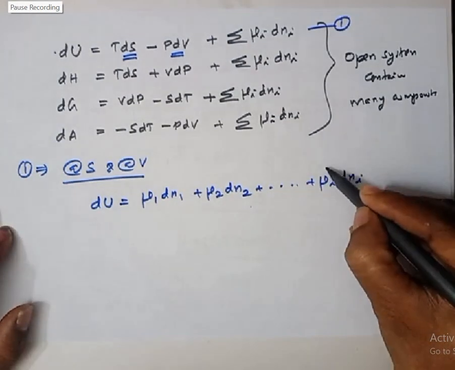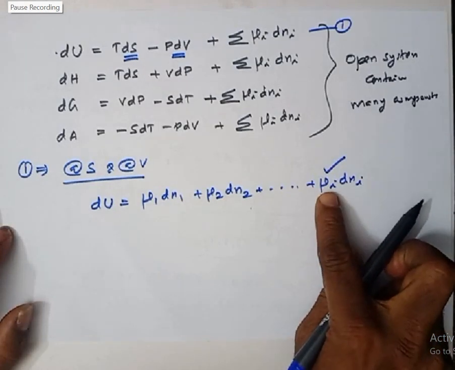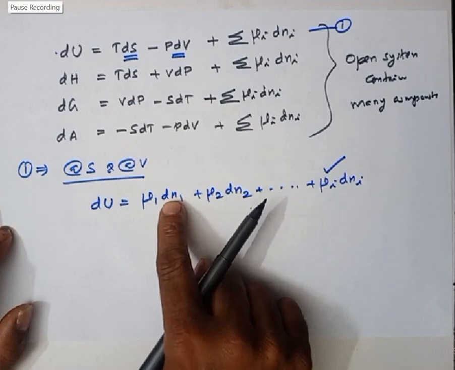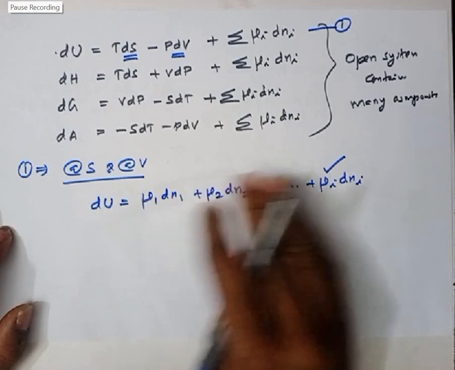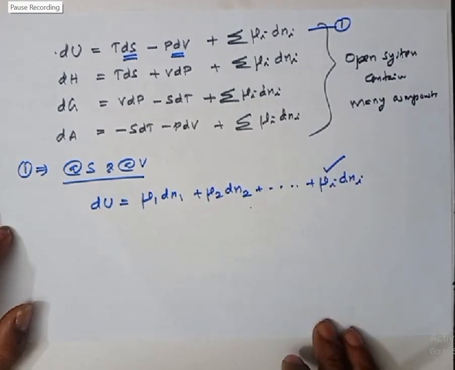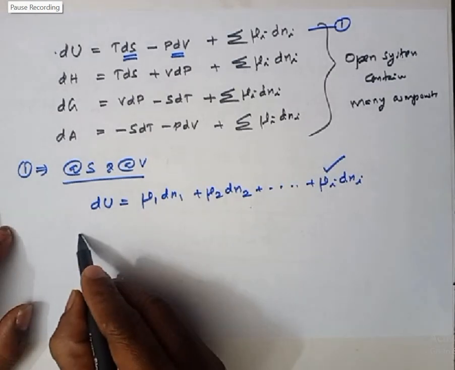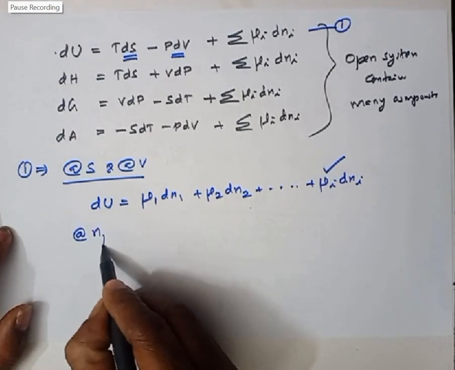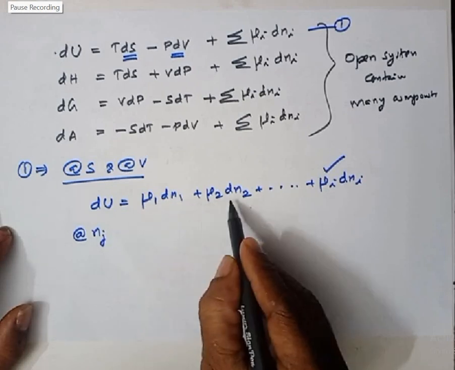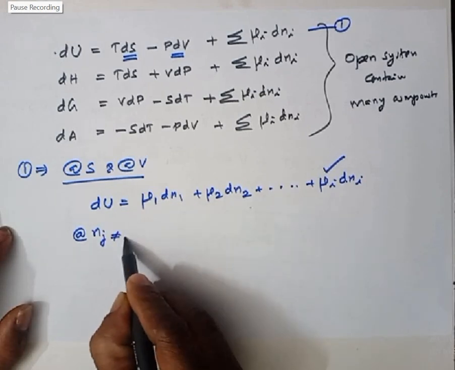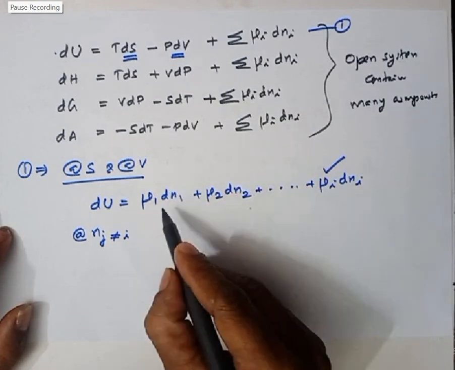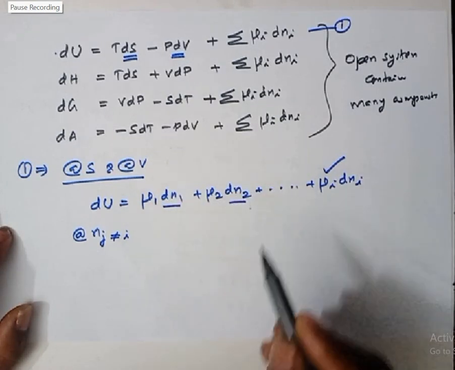Now I'm going to write the general expression for chemical potential of some ith component. I'm going to keep the number of moles of all the components n1, n2, n3 constant except the ith component. Therefore, dn1 becomes 0, dn2 becomes 0.